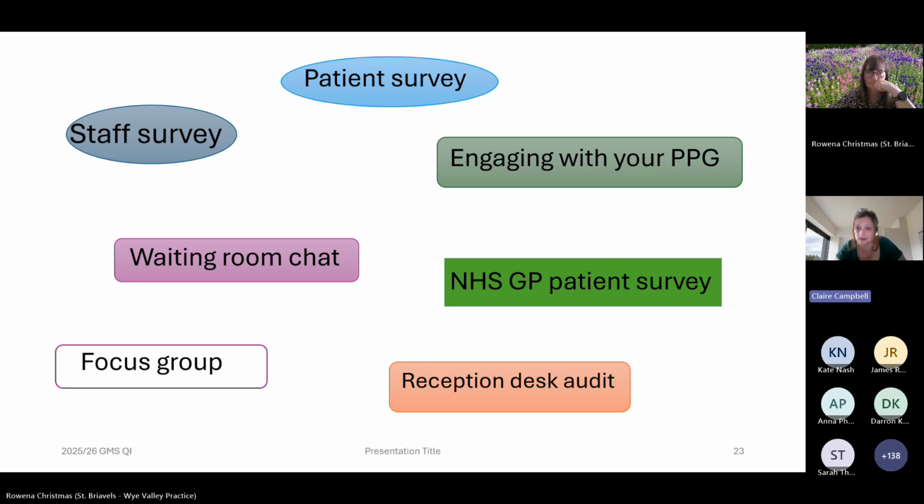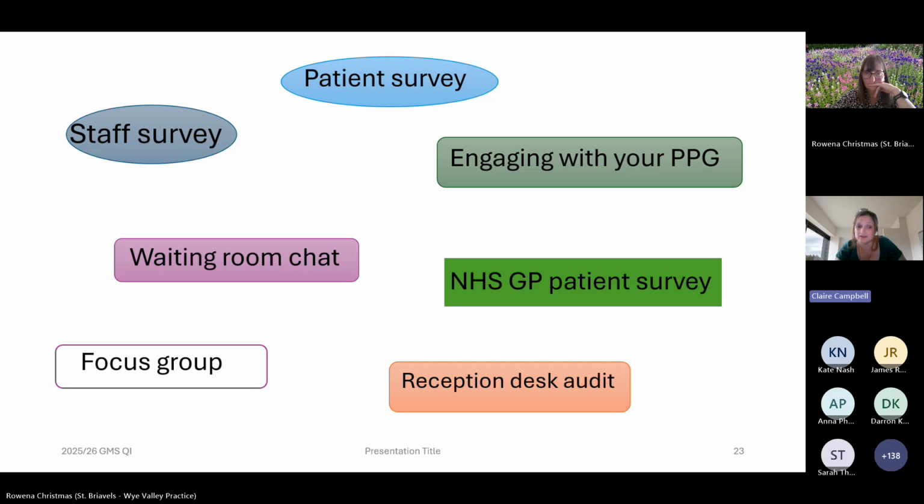Practices have found chatting with patients in the waiting room can be really insightful, as Rowena mentioned earlier. There is talking about what is an acceptable wait, and there's really good toolkits within the RCGP toolkit to get this process started. You could also consider the reception desk audit, where you audit patient behaviours when they're booking appointments and try to understand why patients choose not to book with their own GP.